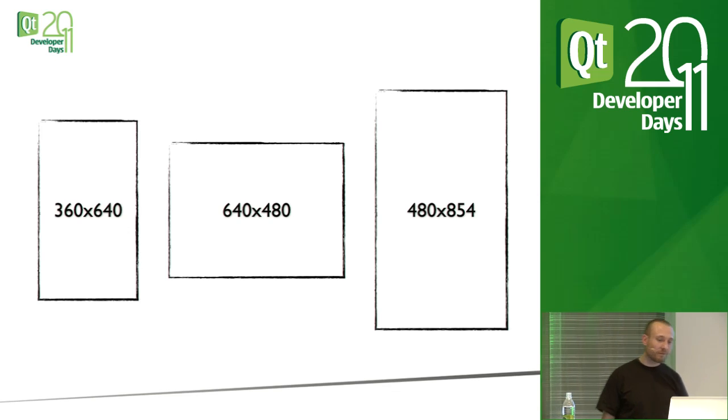Anyway, just to sum up, these are the different pixel resolutions on the 3 devices that I showed you. So you have the N8 and I think C7 and E7, and I think good old N97 and N97 Mini already had this, the 360 by 640 pixels. Then you have the E6, with the 640 by 480, which, when you compare on the pixel level, is not too bad. I mean, they did roughly the same size, you can say. And then the N9 with higher resolution, but still not too different.